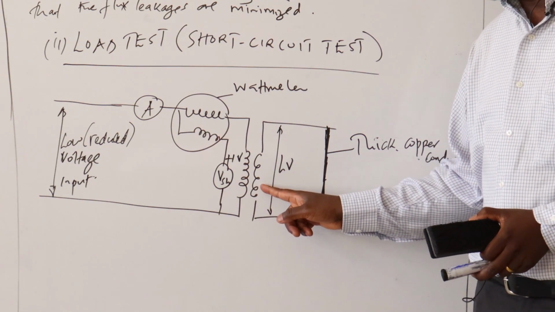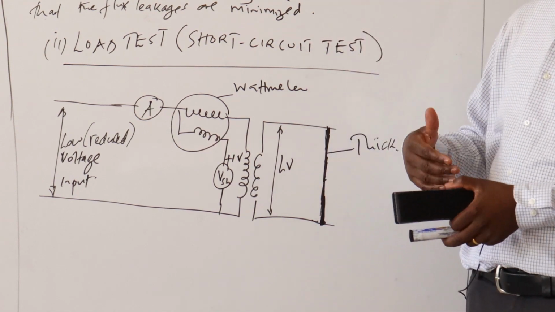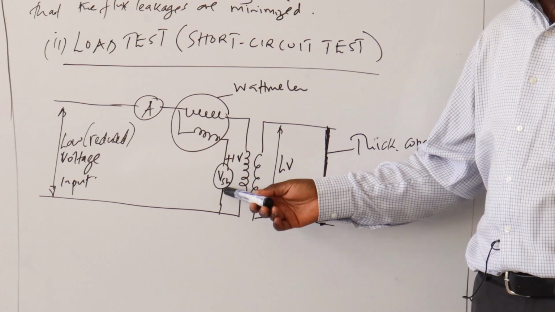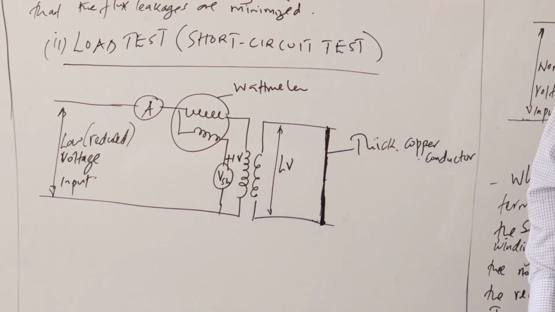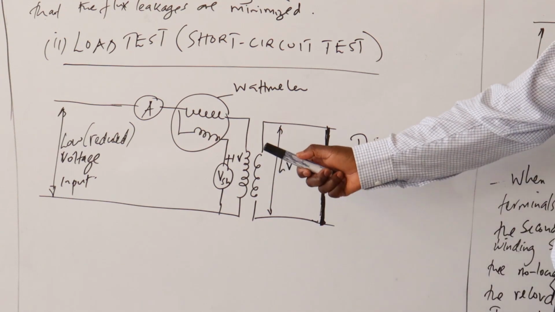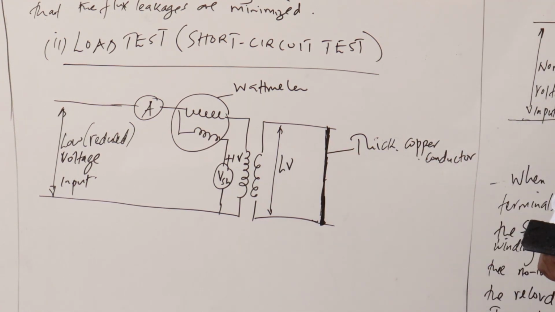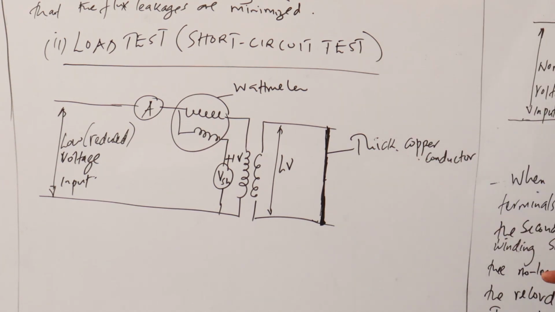With the voltage being minimum, we shall have more current flowing, so that we are able to compensate for the transformer ratios. So by having the high voltage and low voltage in this case, the maximum current is going to flow. When you increase the input voltage until you get a short circuit voltage on the primary, we get a corresponding current on the secondary because the voltage across the secondary terminals is very low.